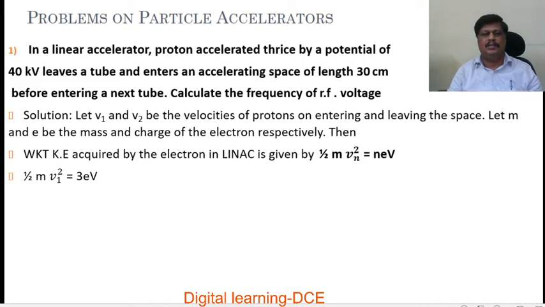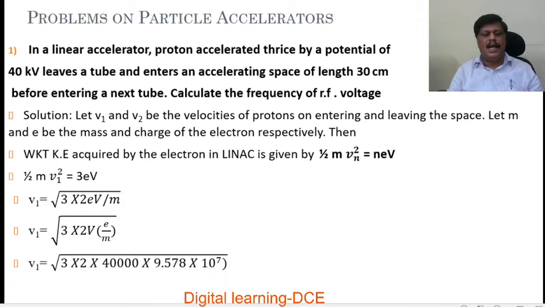But here the proton is accelerated thrice, therefore half mv square is equal to 3eV. So solving for V1, V1 is equal to root of 3 into 2eV by m. And also we can modify this formula: V1 is equal to root of 3 into 2V into e by m.